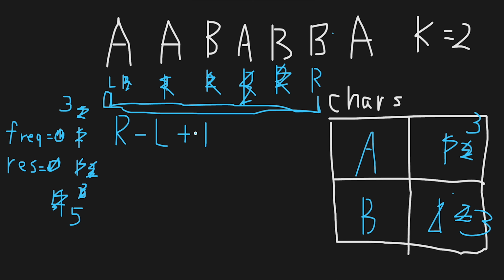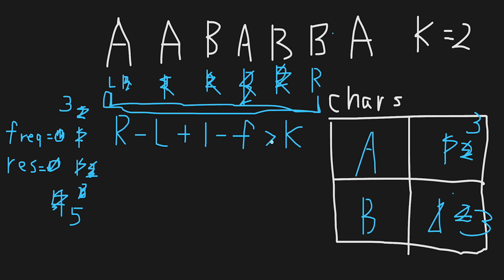And there is a formula for when we need to shorten the range between the left pointer and right pointer. So we know that right minus left plus 1 is the formula for the range between the left pointer and right pointer, and then minus frequent is greater than k.